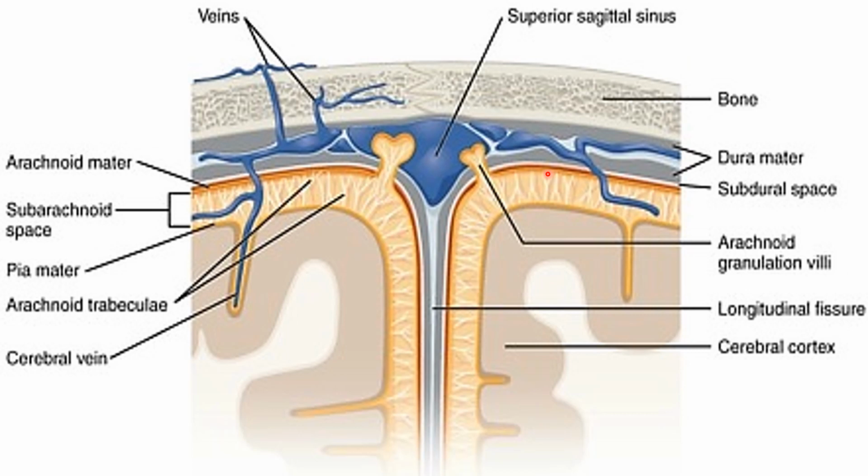In between, this white space which is traveled by various vessels is the subarachnoid space. Then this is the pia mater. So these are the different layers. And within this dura mater we have the venous sinuses. This is the superior sagittal sinus, different veins are there. So this is the anatomy.